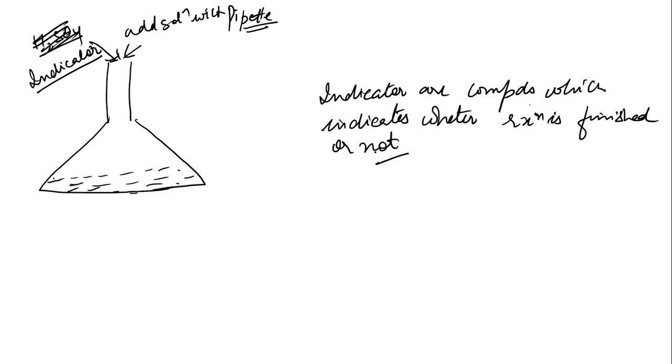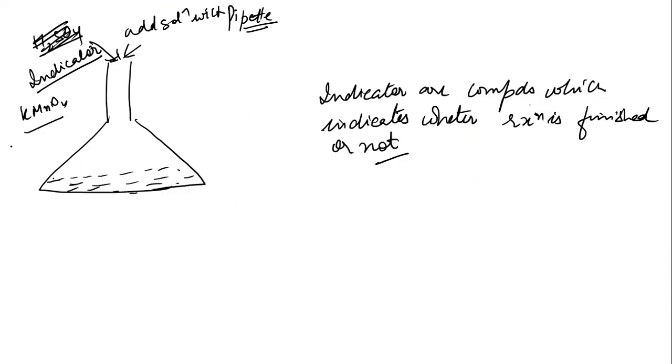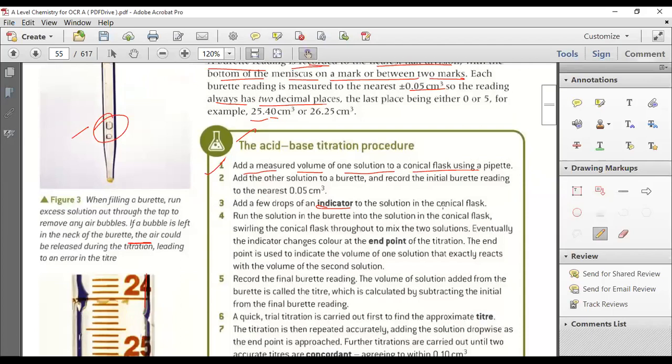Clear? So in this case, we add an indicator. Now the indicator can be KMnO4, it can be phenolphthalein, it can be dimethyl ether. So different indicators are available depending upon what we are going to do. So a few drops of indicator to the solution in the conical flask.